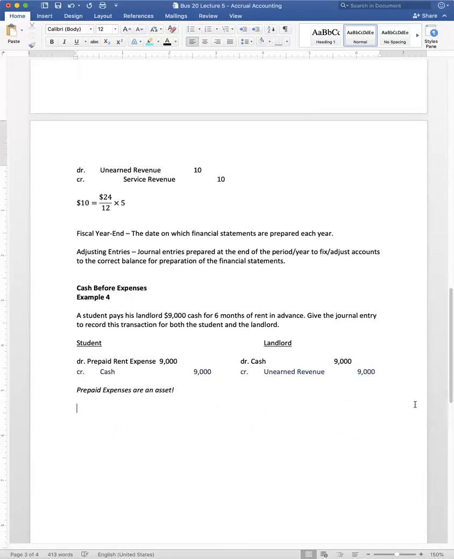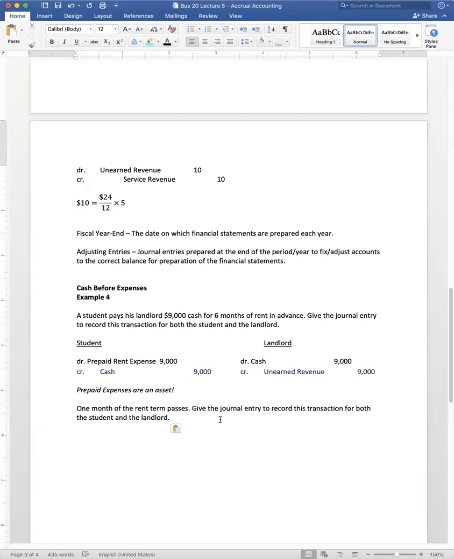Okay. So let's continue on with this example. Let's say that 1 month of the rent term passes. So what's going to happen for both the student and the landlord? All right, well, let's think about it. 1 month of the rent term passes. So that means that the student has been living in the apartment for 1 month. Okay, if they've been living there for 1 month, do they have an expense?